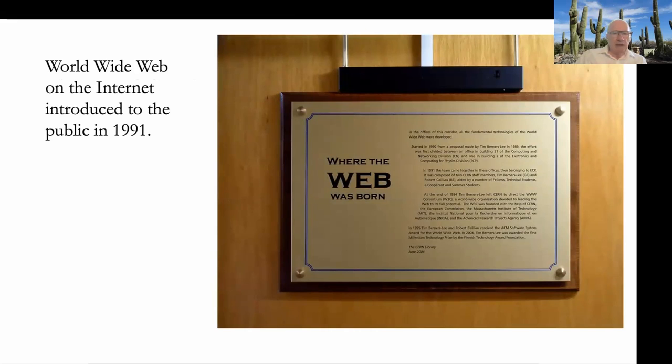Another kind of time frame reference that we probably need to be aware of is the issue of the World Wide Web. The World Wide Web was developed in 1991 and introduced. That was when it was first admitted.